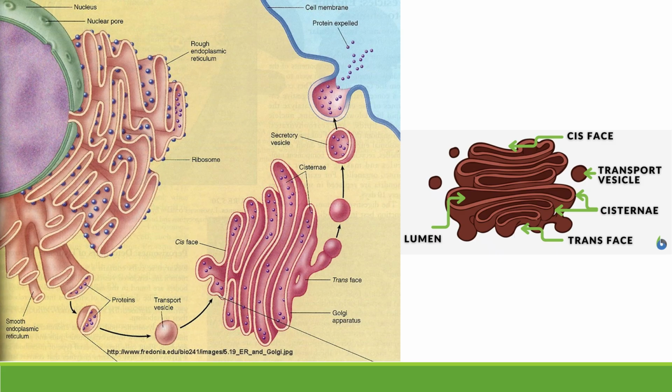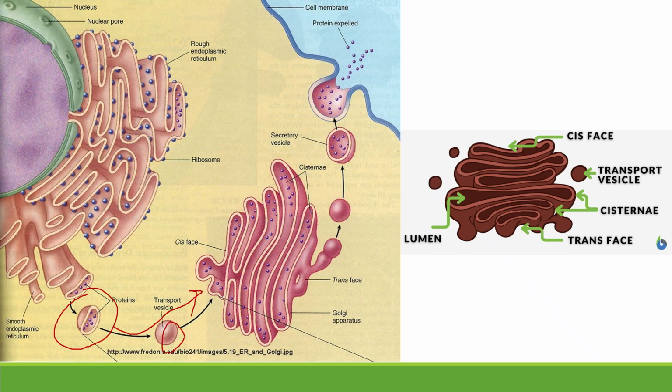So in this diagram, you can see that the proteins are formed from the endoplasmic reticulum, and the protein is entering into the Golgi body. You can see the protein here entering into the Golgi apparatus, and you can see the vesicles there.